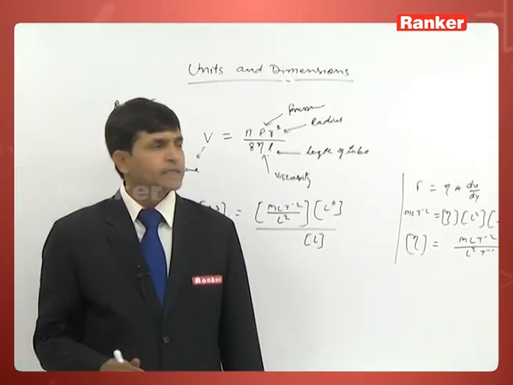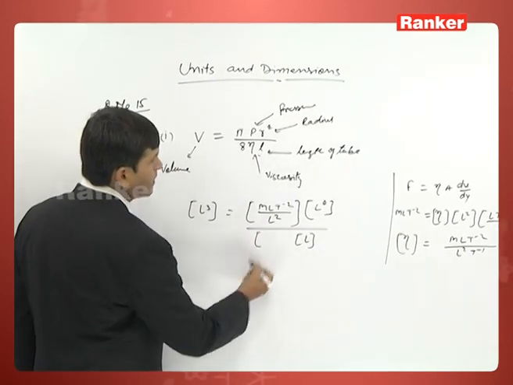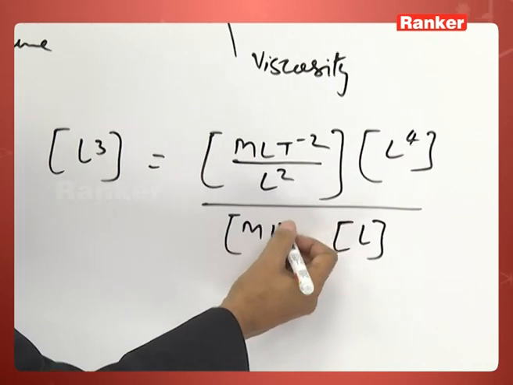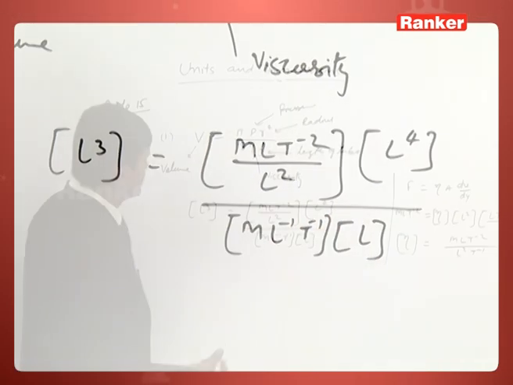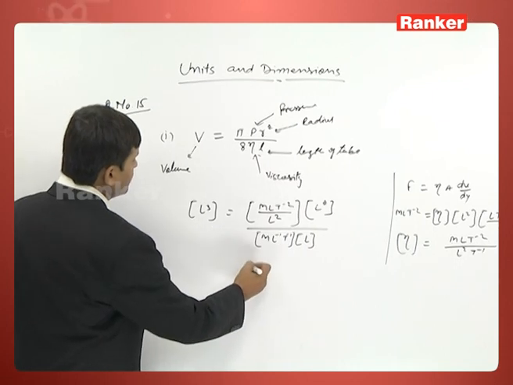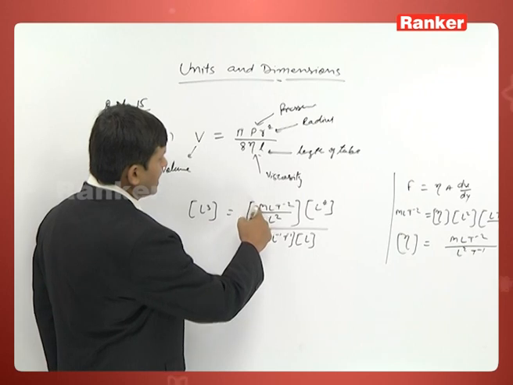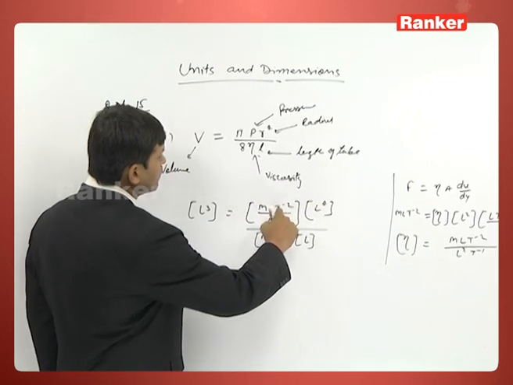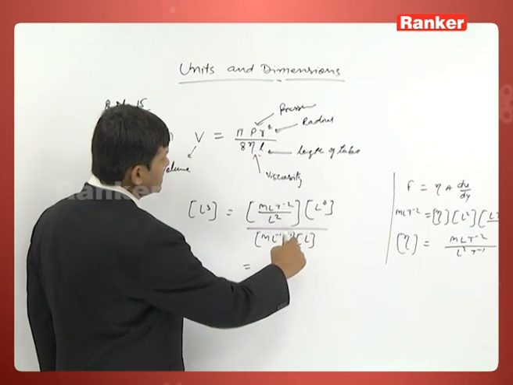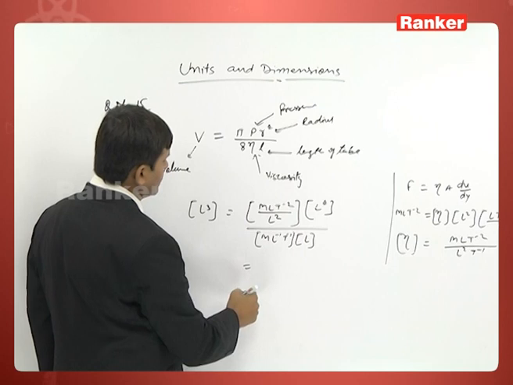So this is the dimension of viscosity which we can substitute here. So M L minus 1 T minus 1. So check the dimension of your left hand side and right hand side. M and M cancel here, L to the power 4 here, and this is L square.